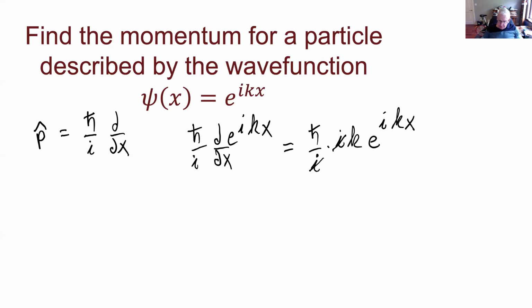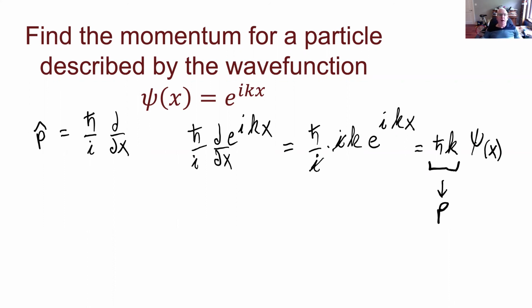My eigenvalue there is h bar k, and so I could say that this is equal to h bar k times my original wave function, right? And that means that this piece, my eigenvalue, that's the momentum. So my momentum here is just equal to h bar k for my electron described by that particular wave function.